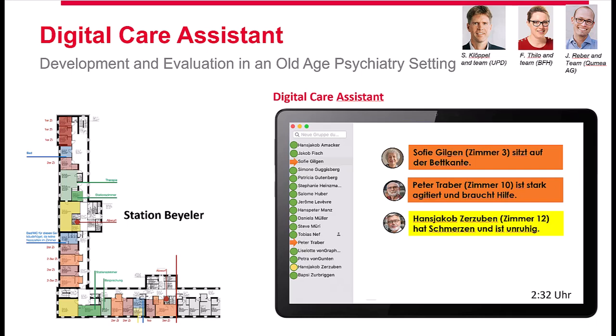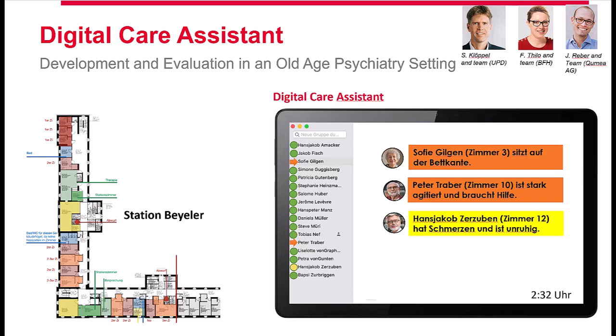The idea is that the care assistance shows here in green the patients that are currently sleeping, in orange the patients that are not sleeping, like for example this patient here in room 12, he has pain and he is not calm. Then this patient in room number 3 is in orange.